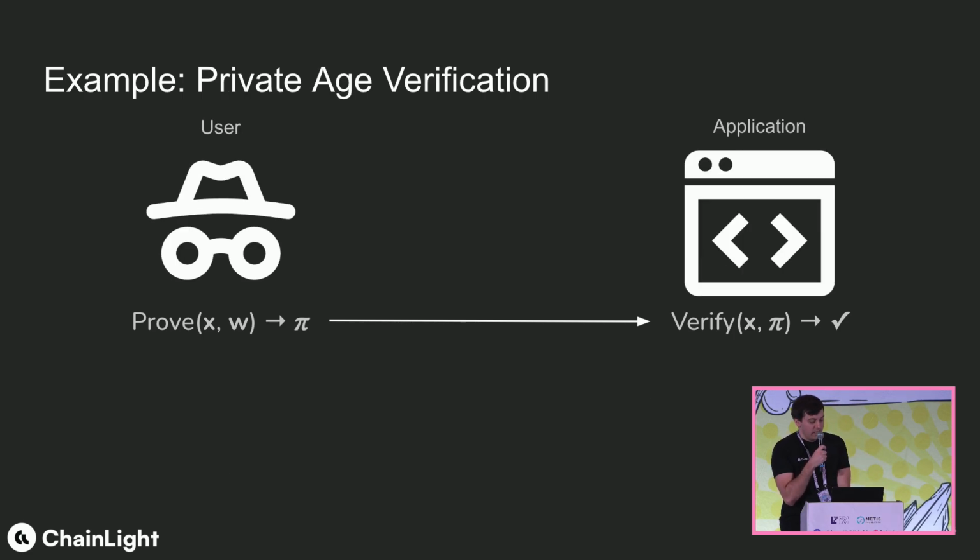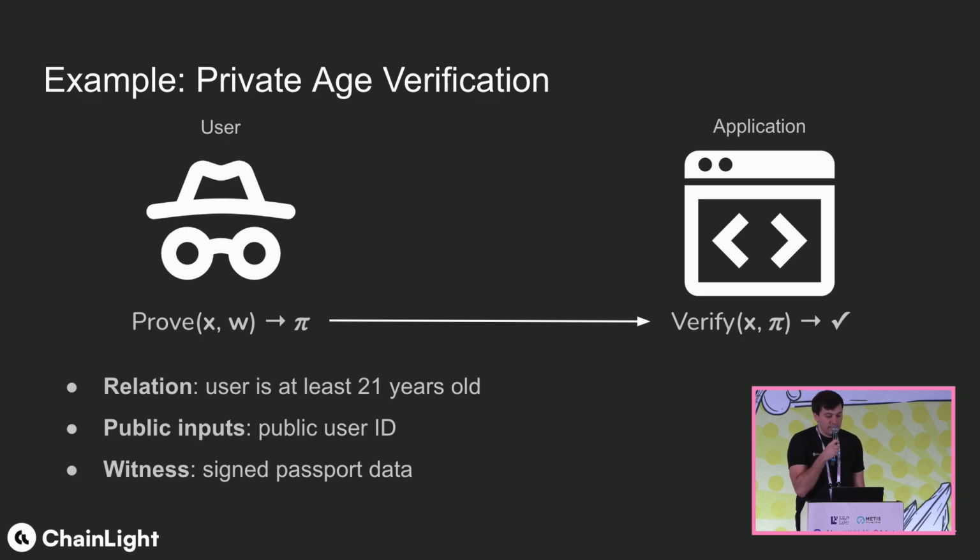Another example is privacy-preserving identity. Say your application wants to verify a user is at least 21 years old. The public input here is some pseudonymous user identity, like a username, and the witness data is some signed data that attests to their age.